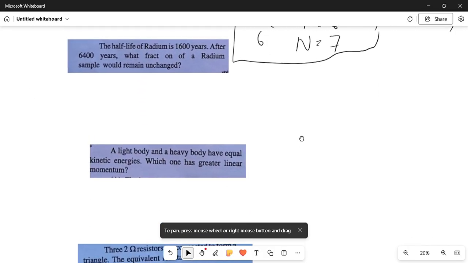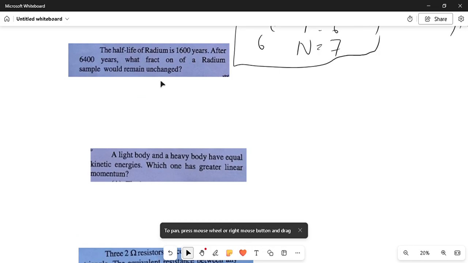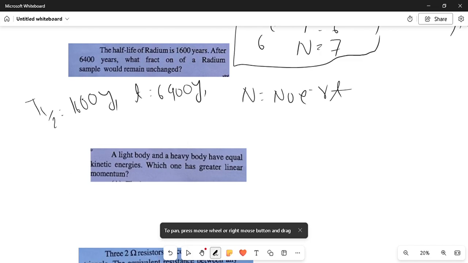Good. Next question: the half-life of radium is 1600 years, and after 6400 years, what fraction of the radium sample would remain unchanged? So the half-life is given, 1600 years, and the time is 6400 years.